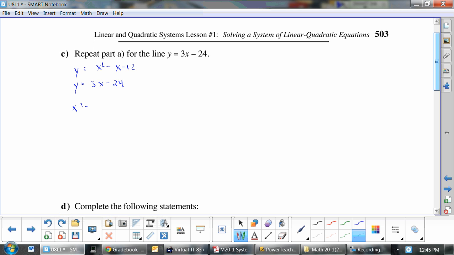So same thing, we set them equal to each other like this. x squared minus 4x minus 12 is equal to 3x minus 24. So we get to add 24 to both sides. And set everything equal to 0 with x squared minus 7x plus 12. Okay?